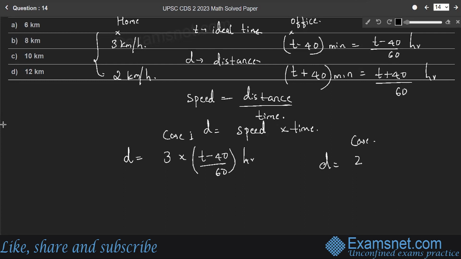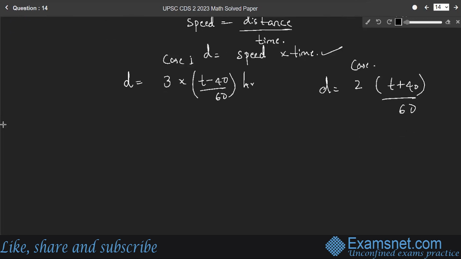So speed into time is (T plus 40) by 60. So that we can equate both the right hand side parts. Therefore, 3 into (T minus 40) by 60 is equal to 2 into (T plus 40) by 60.